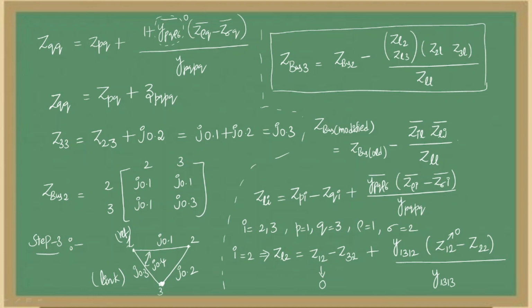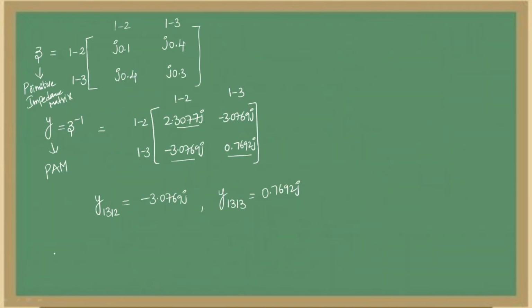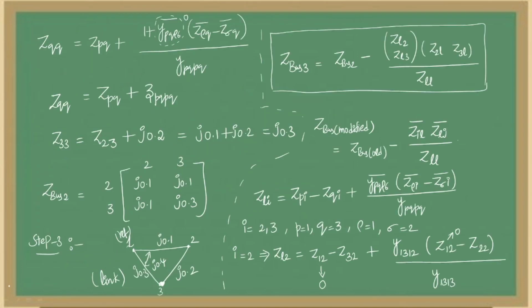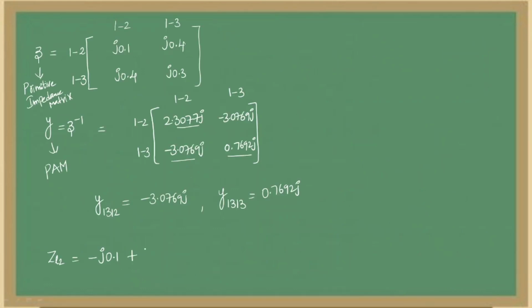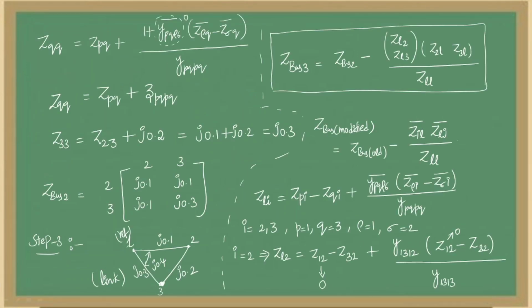Z12 is 0, Z32 is J 0.1. So let me do ZL2. ZL2 is equal to minus J 0.1, right, plus y1312, plus what is y1312? This one. So it is minus 3.0769J multiplied with Z12 is 0, and you are left with Z22.